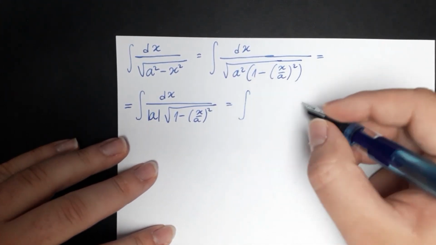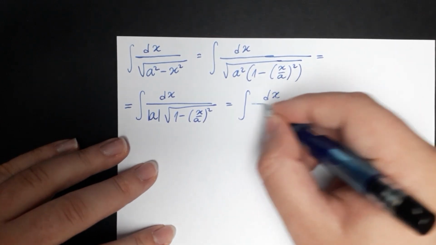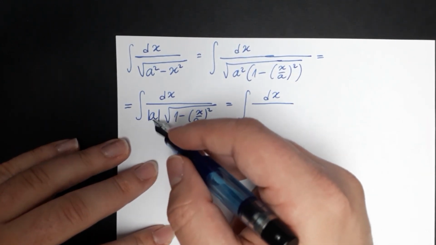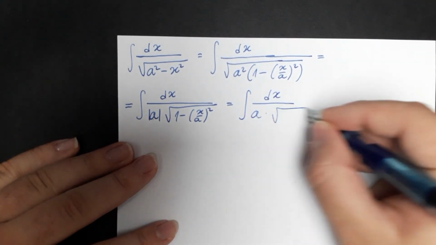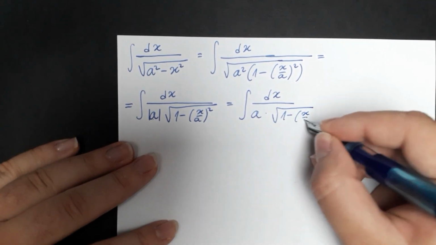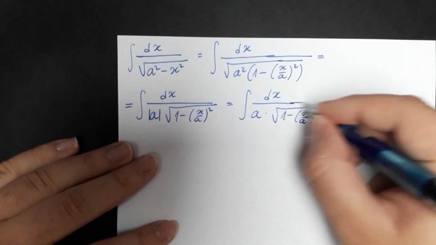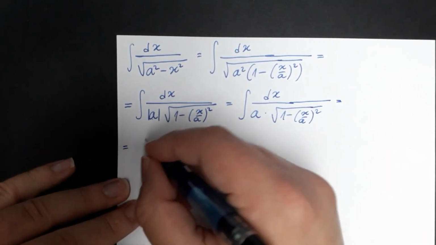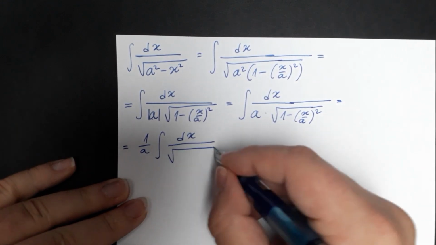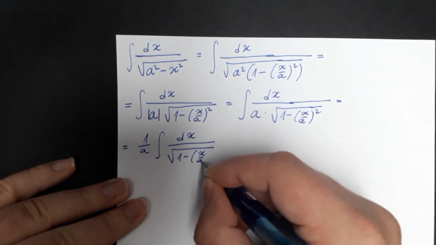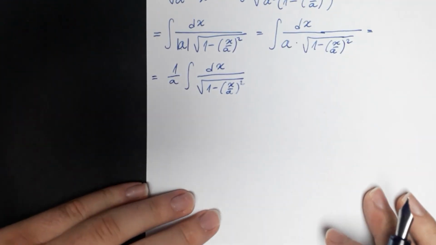A was a positive number, so this is a times square root of 1 minus x over a squared, which is then basically equal to 1 over a, dx over square root of 1 minus x over a squared.